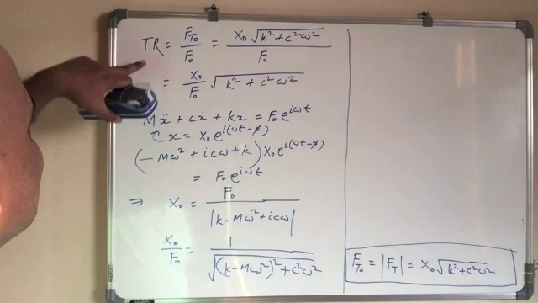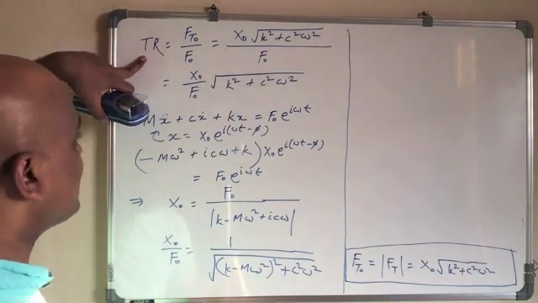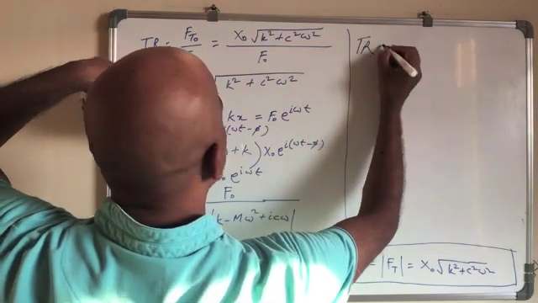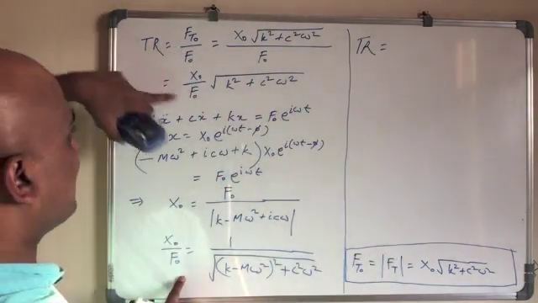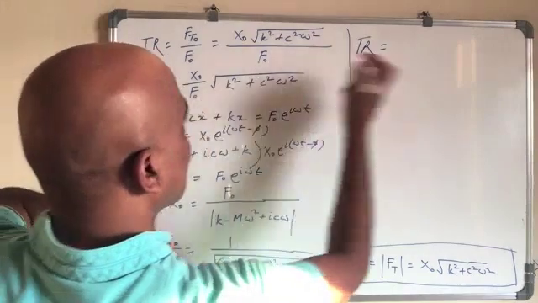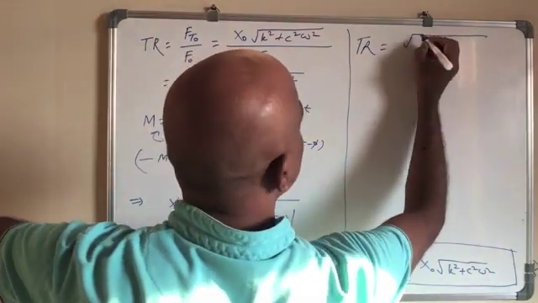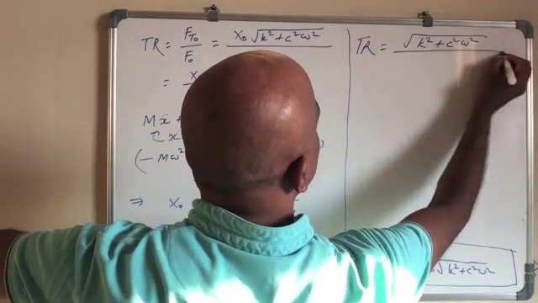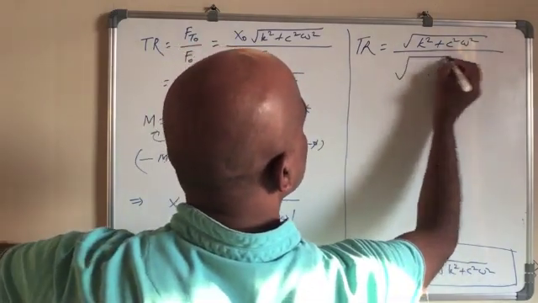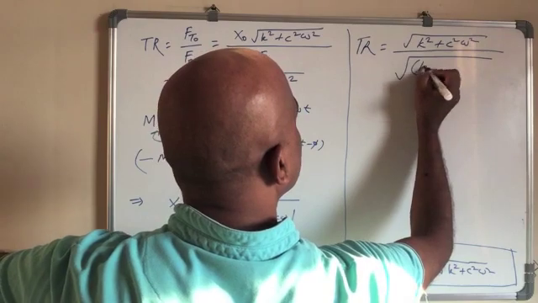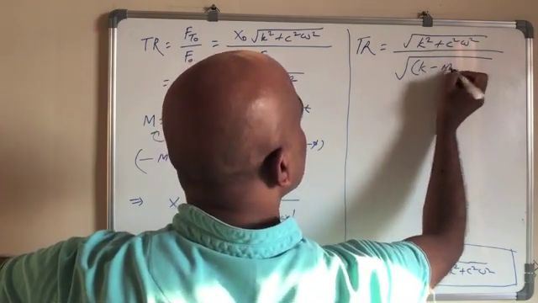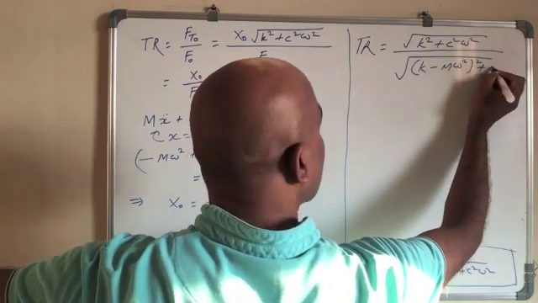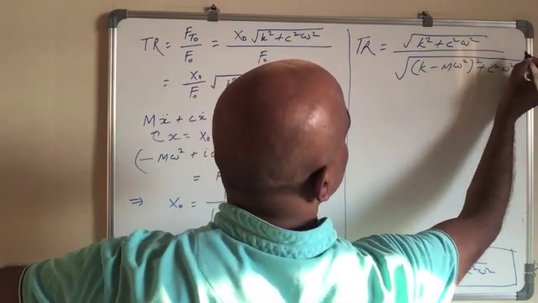So TR, this is transmissibility. In that case, TR is equal to X0 over F0 times root of k squared plus c squared omega squared, so we get root of k squared plus c squared omega squared divided by root of (k minus M omega squared) squared plus c squared omega squared.